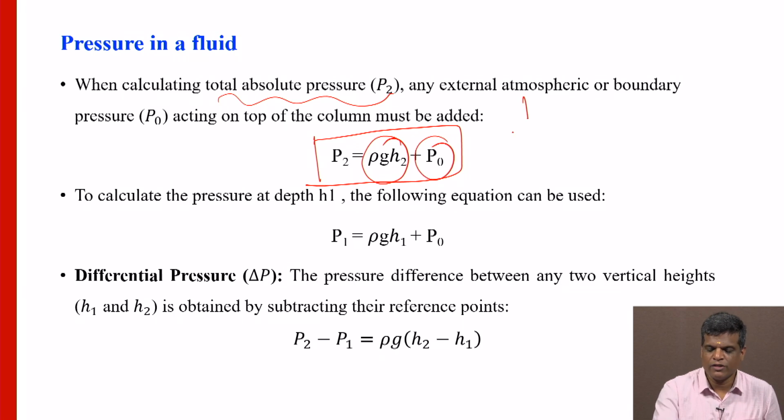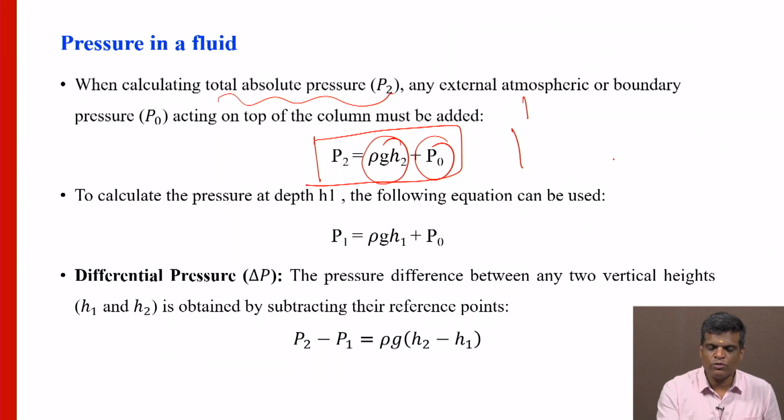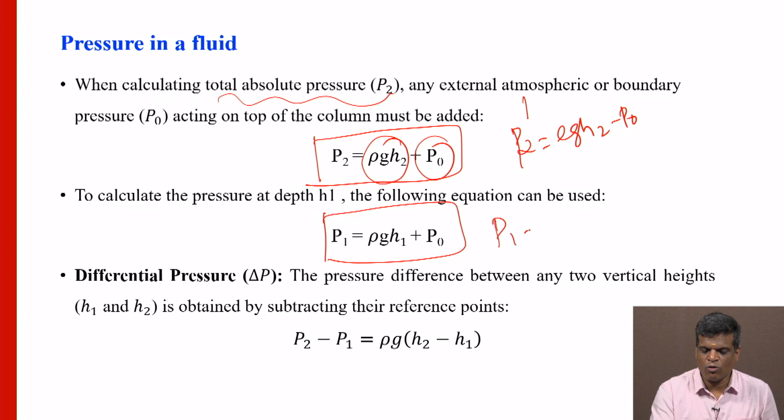So P2 equals rho G H2 plus P naught. In the same way for P1, the pressure is rho G H1 plus P naught.